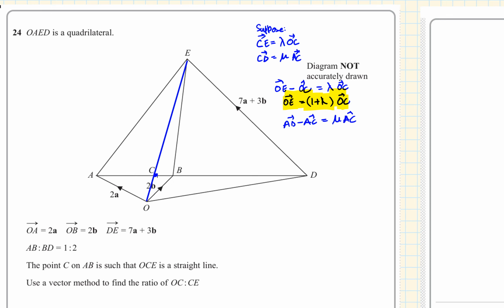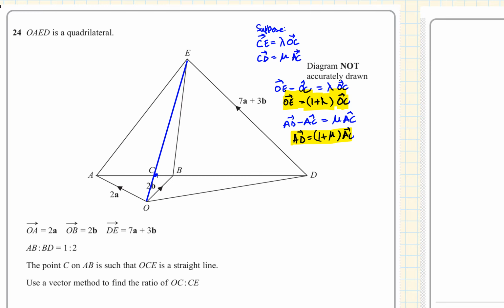So I can write AD is equal to 1 plus mu times AC. Okay, so I'm just going to highlight this again to have it to refer to.